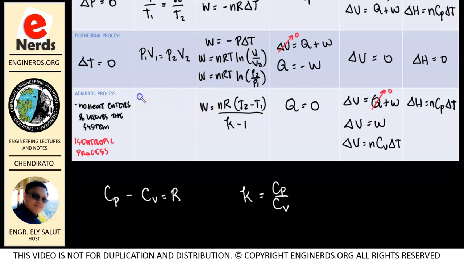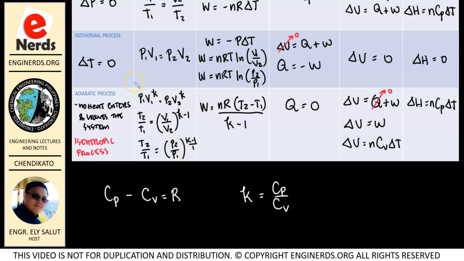For example, we will have our P1 V1 raised to K is equal to P2 V2 raised to K. Again, our K here is the ratio Cp over Cv. Then we have T2 over T1, which is equal to V1 over V2 raised to K minus 1, and we also have T2 over T1 is equal to P2 over P1 raised to K minus 1 over K.